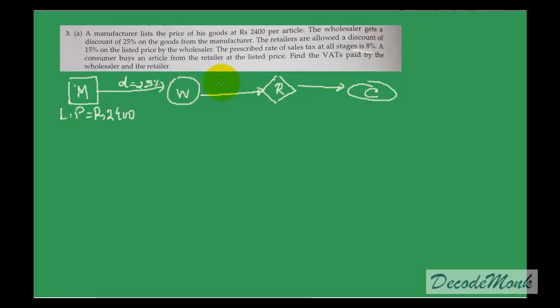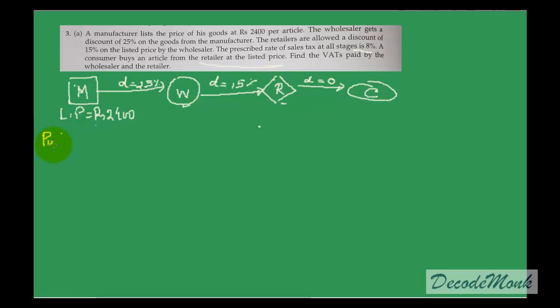The wholesaler gives a discount of 15% to the retailer, and the retailer sells to the customer at no discount. Why? Because it is written in the last sentence, the consumer buys an article from the retailer at the listed price. That means at rupees 2400. So we have to find the VAT paid by the wholesaler and the retailer.